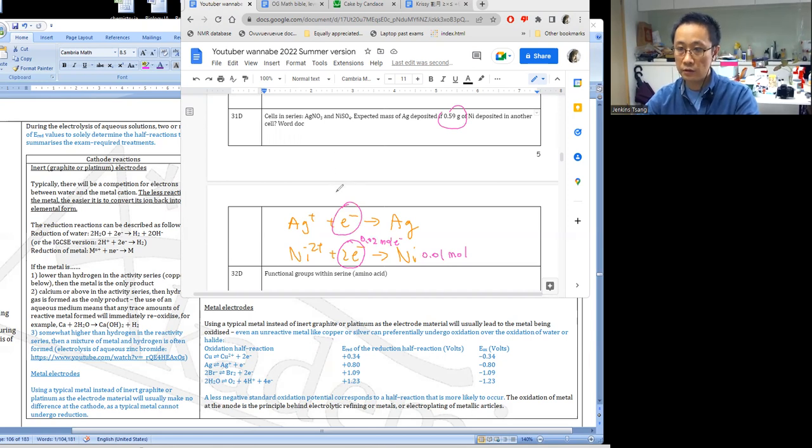Because of cells in series, the electrons involved in the silver reduction are also 0.02 mole. And because silver reduction is a one electron process, you should also end up with 0.02 mole of silver metal. Then to figure out the number of grams, you multiply by the atomic mass, which is 108. So 2.16.